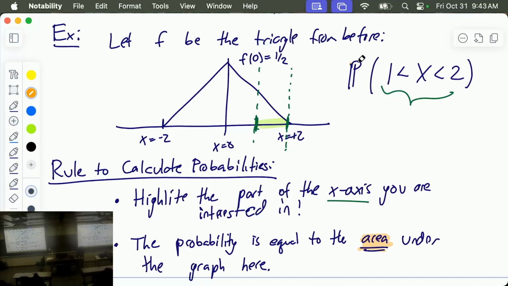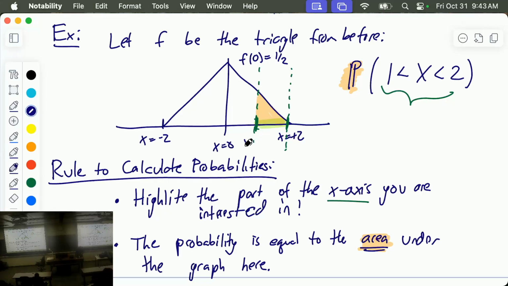So the area, if you want to know the probability, is always going to be some kind of area, and in this case, it's the area that corresponds to this chunk of the x-axis. In this case, it's the area of this little teeny tiny triangle. That triangle over here. And so you have to be able to do some basic geometry like an elementary school student and know, hey, this is a triangle that has base 4, it has height 1/2, we calculated that already. What is the area of that little triangle over there from x equals 1 to x equals 2?